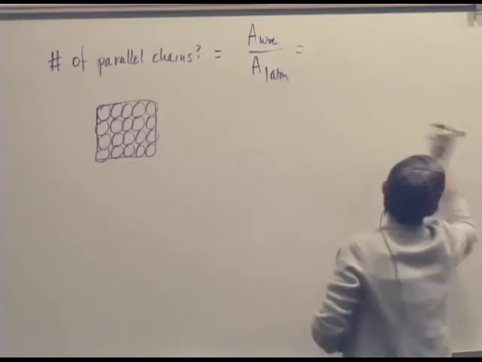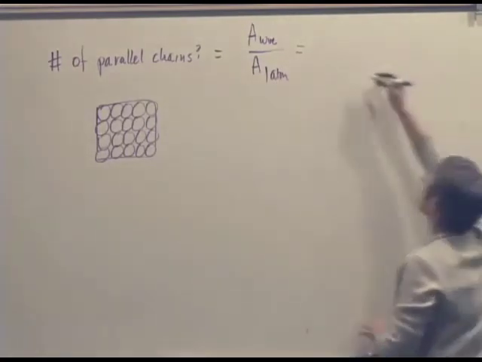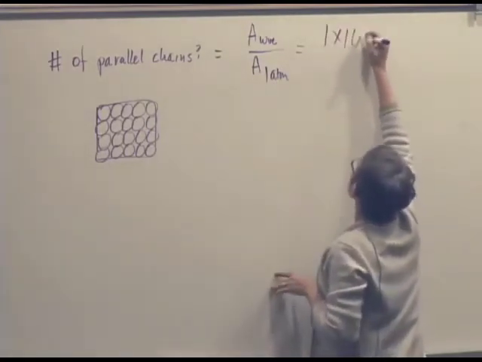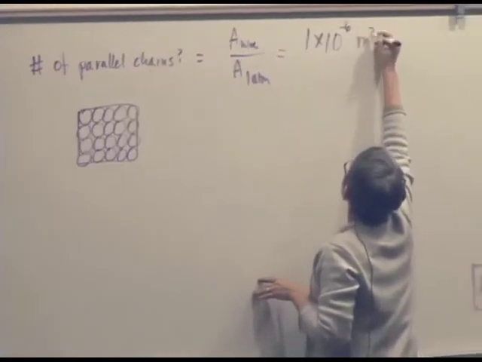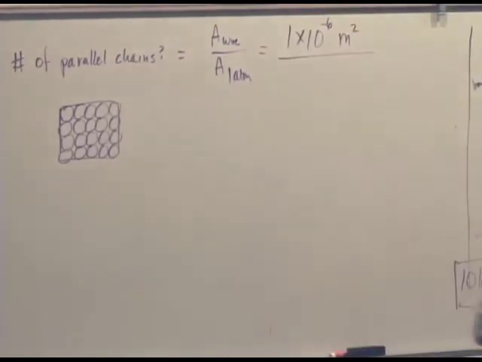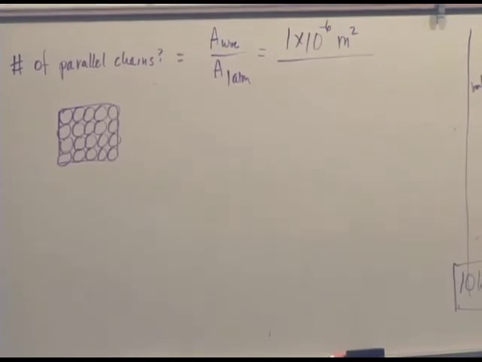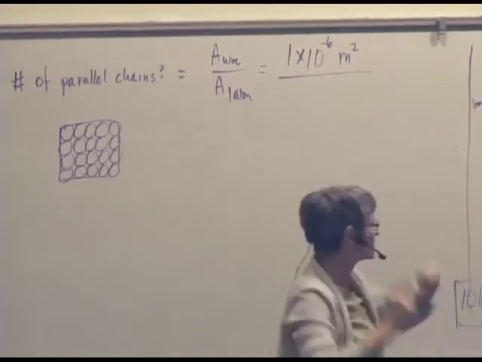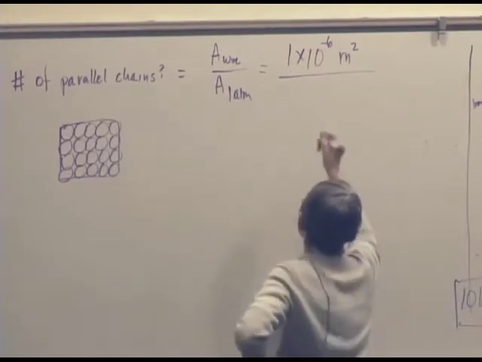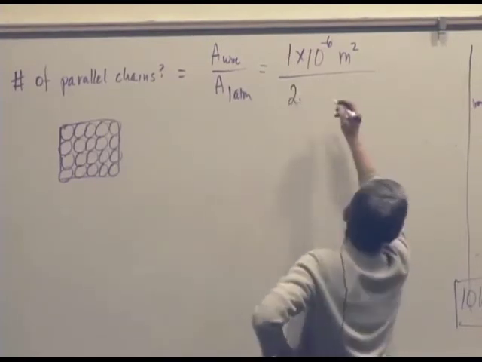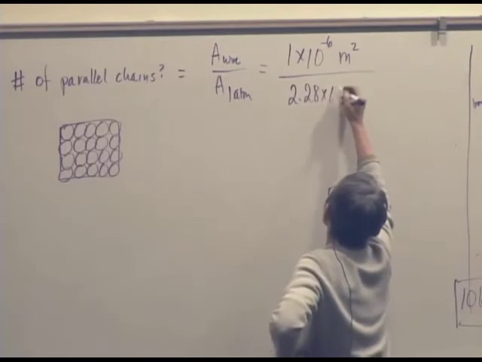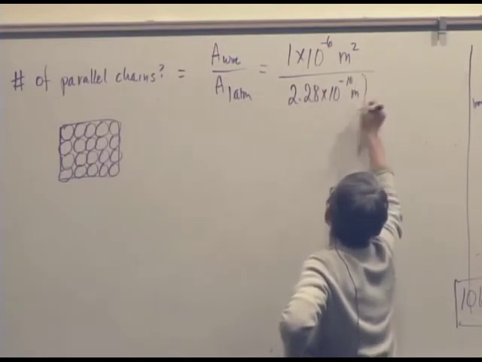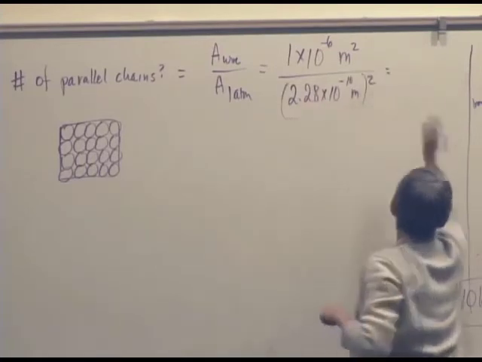Okay, we know the cross-sectional area of the wire, that is 1 times 10 to the negative 6th meters squared. And the cross-sectional area of an atom for our purposes, the atom is going to be square here, so that's 2.28 times 10 to the negative 10th meters squared.